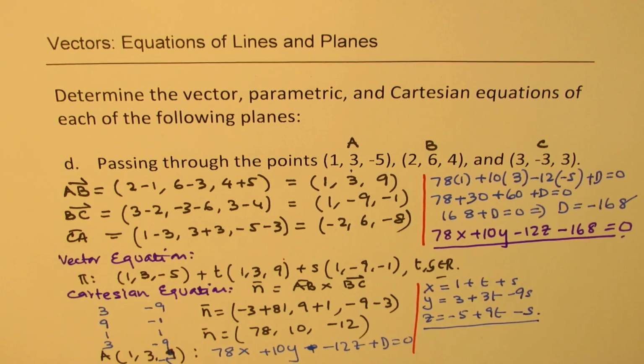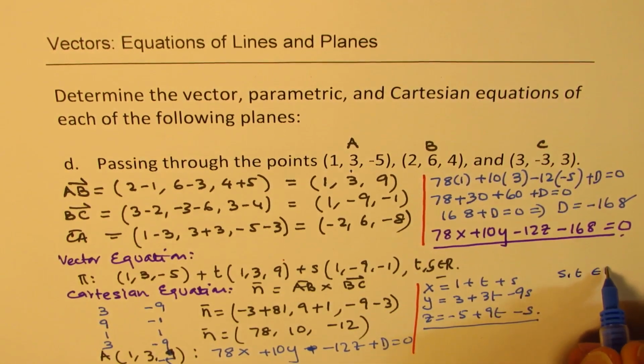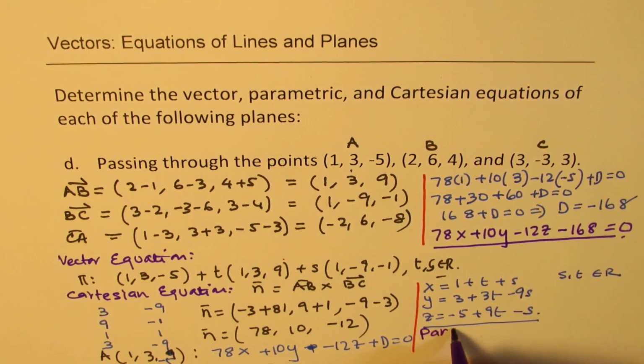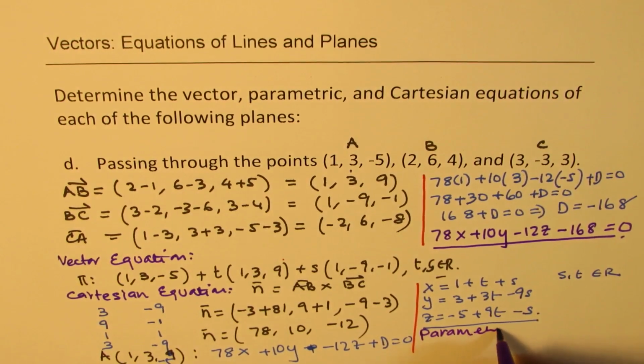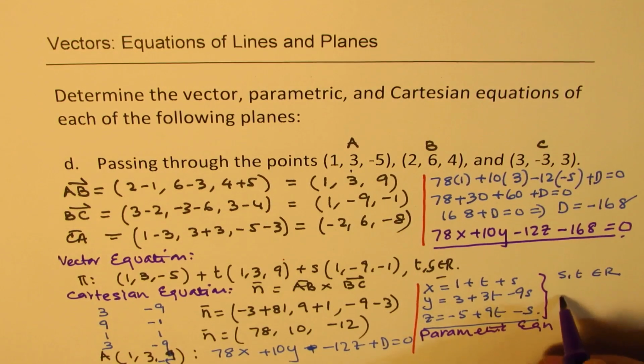Perfect. Where s and t belong to real numbers. Good. Parametric equation, which is all this.